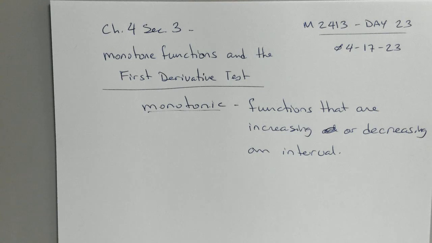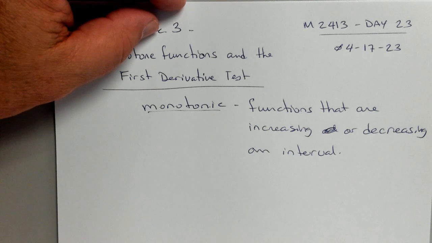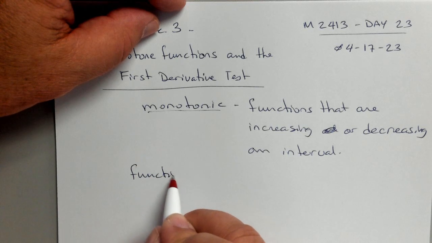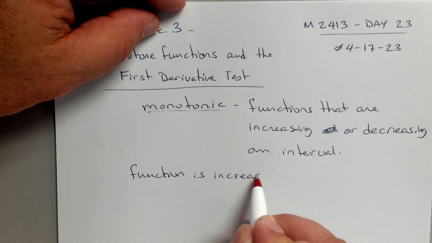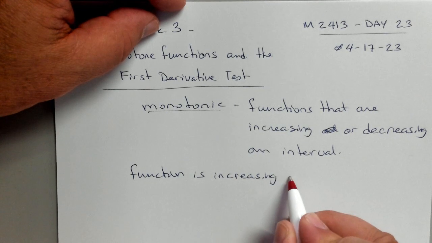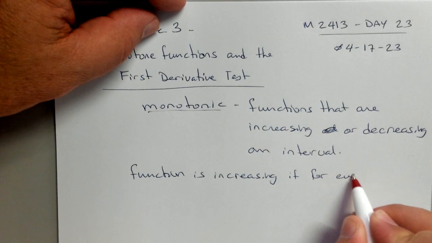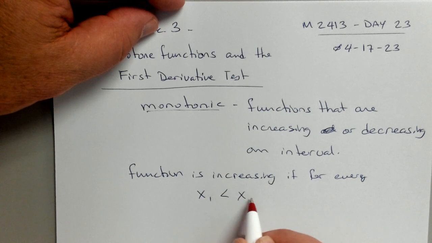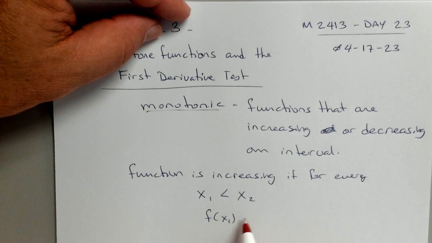What does it mean if a function is increasing? What does it look like? A function is increasing if for every x values, x1 is less than x2, then f of x1 is less than f of x2.